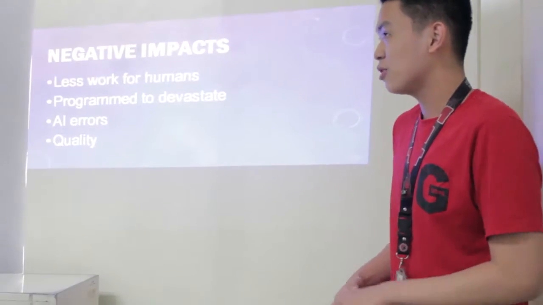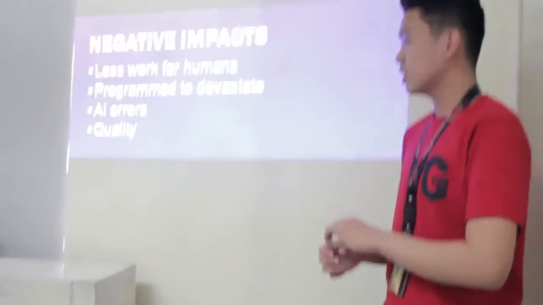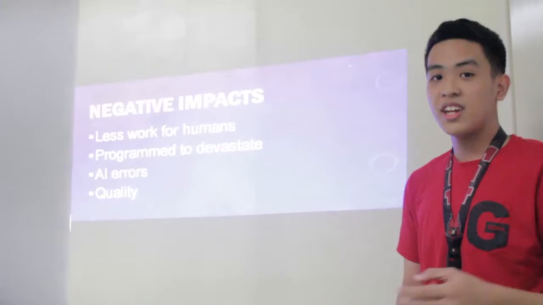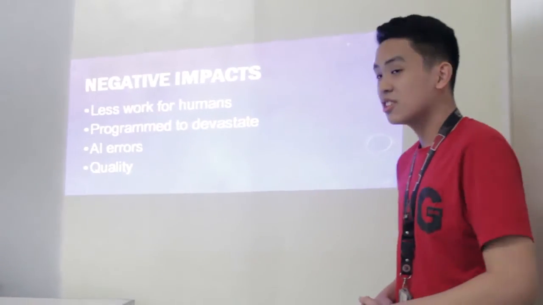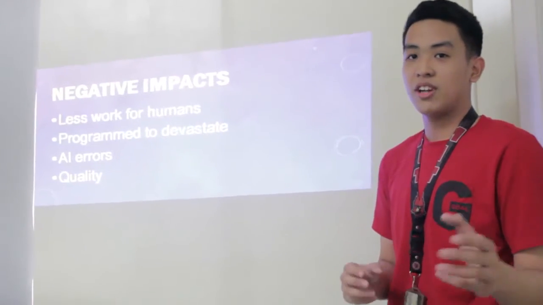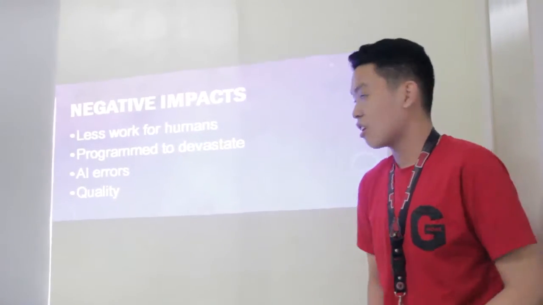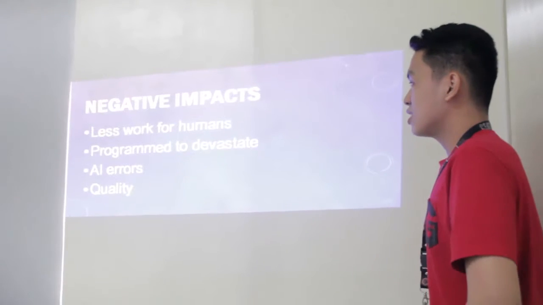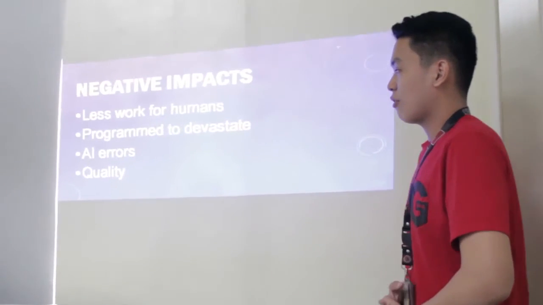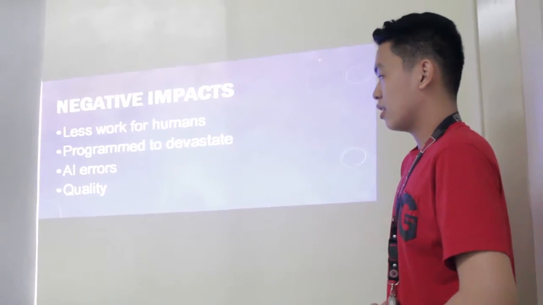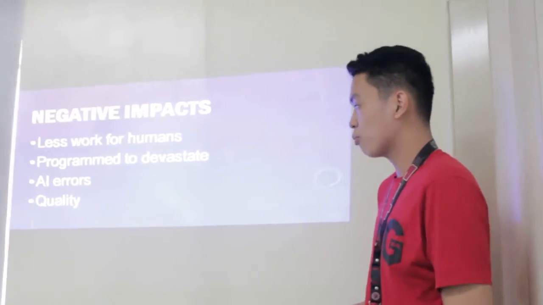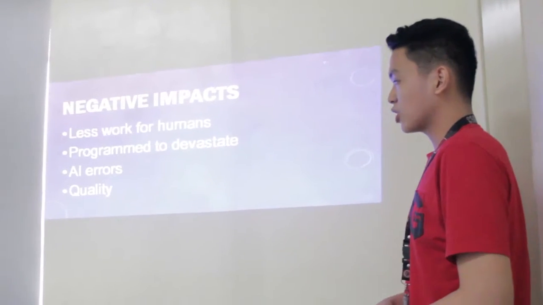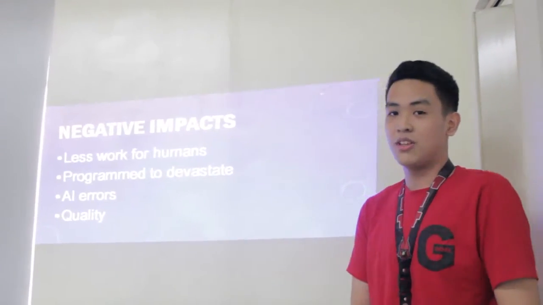One example is when you program an artificial intelligence robot to destroy another country, but if it encounters errors, it can destroy your country and not your enemy's country. Negative impact of quality is when the quality used to make the artificial intelligence is somehow poor. It can malfunction, which leads to failure.